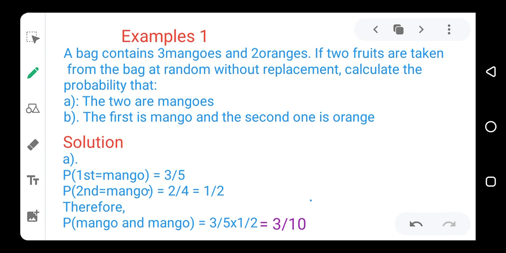Now, this is an event without replacement. The one you pick is gone forever.